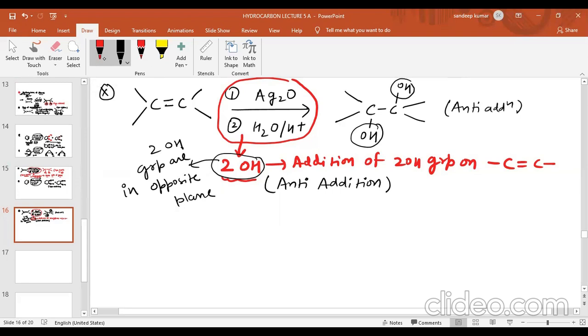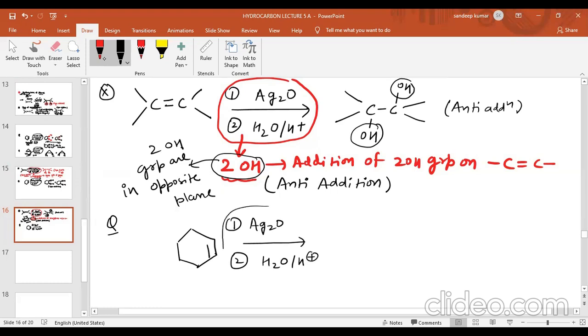Now see the next. If the question is given like this, the compound is given like this, cyclohexene, and we added Ag2O in the first step, and in the second step we added H2O in presence of H+. So basically this reagent will provide two OH groups.